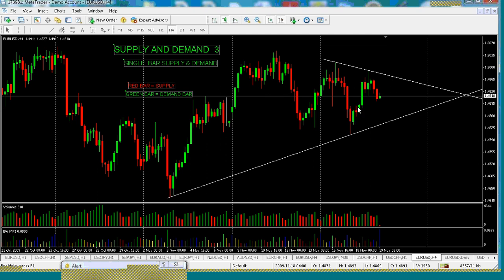No one can tell you exactly where the market is going to stop, but you can have a high probability range. We don't know that the market will stop here, but we know that if the market is going to stop, it's going to stop where demand comes into the market. So on the way down, red bars represent demand bars from a single bar perspective, and green bars represent supply bars.